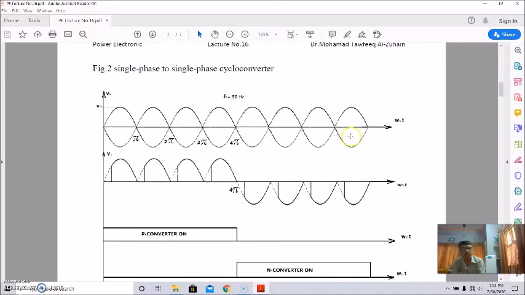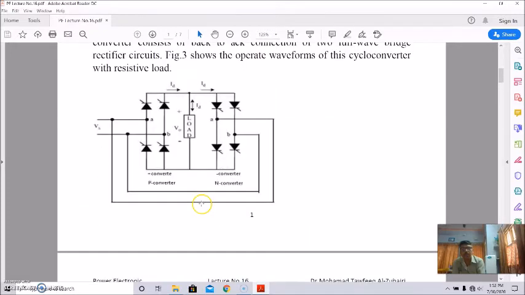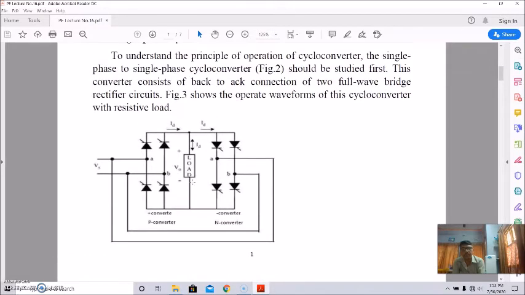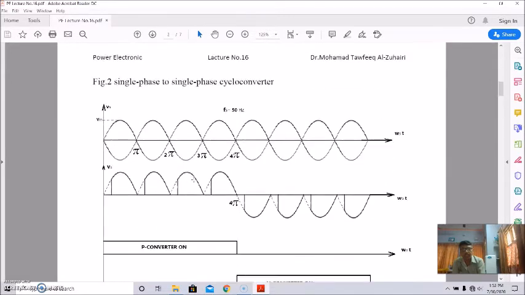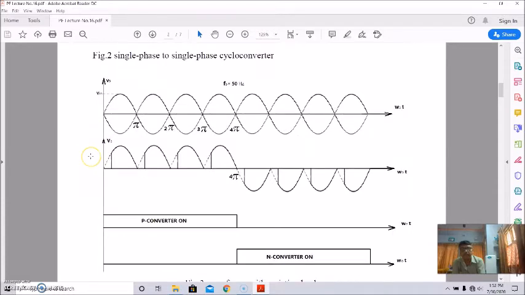These are the waveforms of output voltage with resistive loads for this cycloconverter. Basically this is a bridge type cycloconverter, single phase, and its operation we have already discussed, and we got these single phase to single phase cycloconverter waveforms.